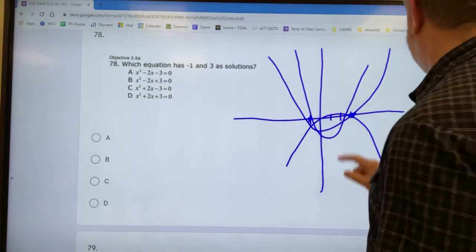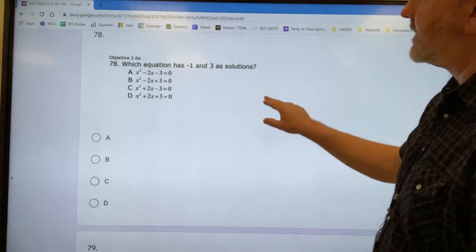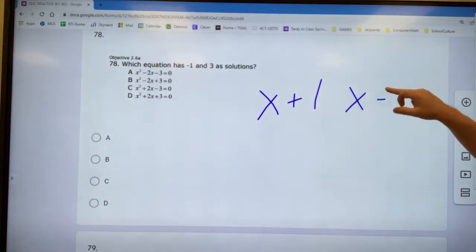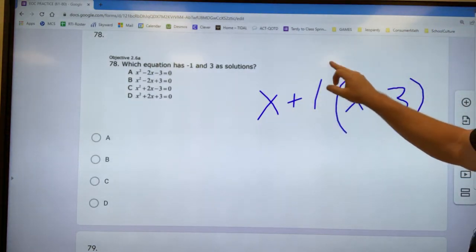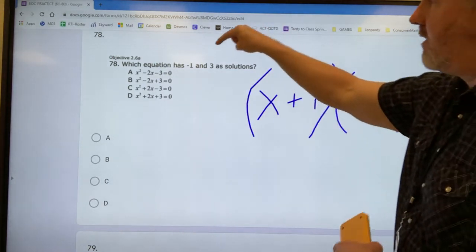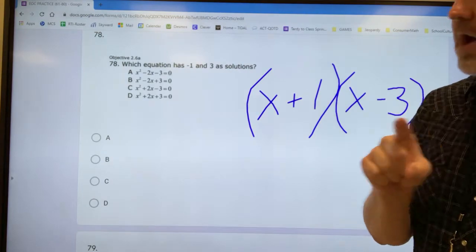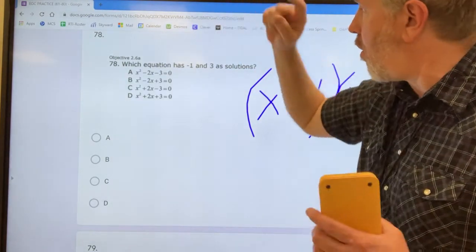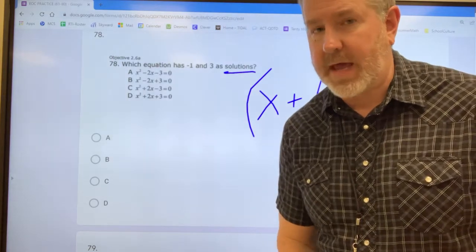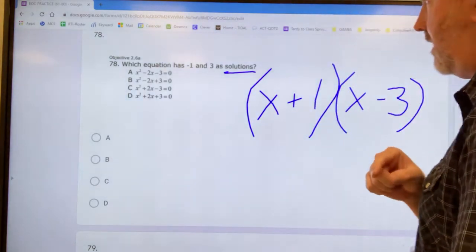If it has those as solutions, then we can say that it has these as factors. We talked about if that's a factor, then that's a 0, but we didn't talk much about taking the zeros or the solutions. Remember, zeros and the solutions are the same thing. Also, roots are the same thing.